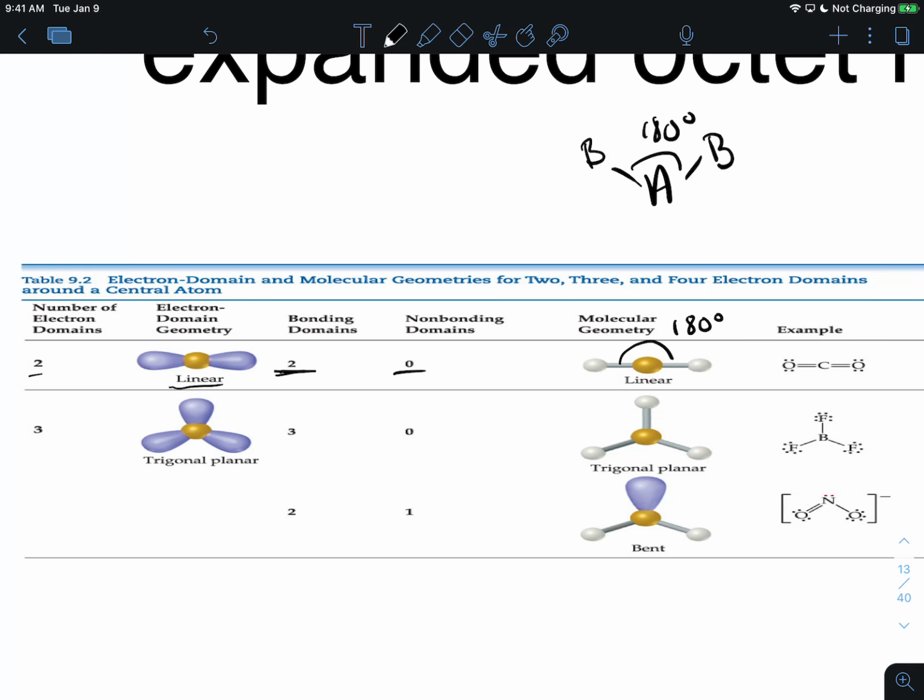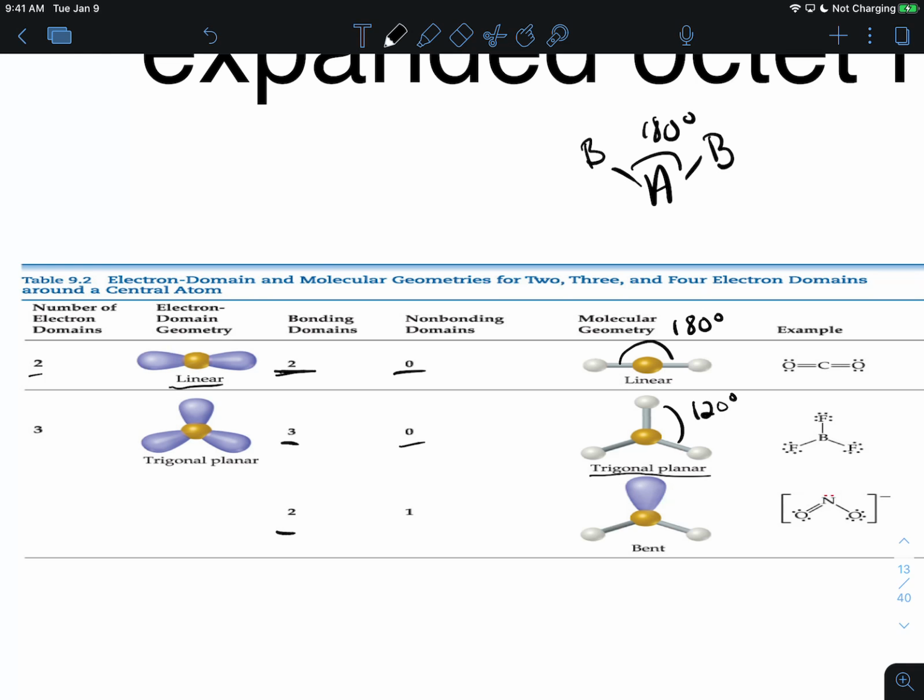Trigonal planar can either have 3 bonding domains and no non-bonding domains, and it'll have the same exact molecular geometry as the electron domain geometry because all the electron domains are atoms. So these have 120-degree angles, and we call it a trigonal planar molecular geometry and a trigonal planar electron domain geometry.